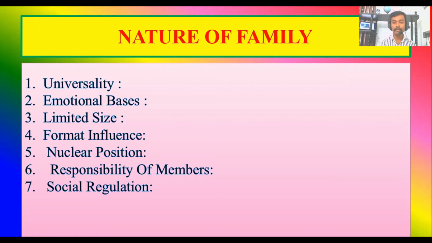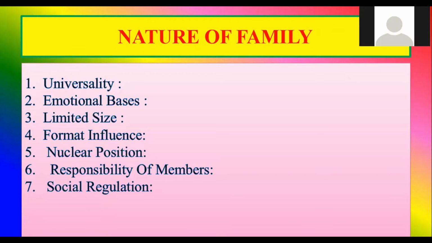Family regulates the society, as we have learned that family is a nuclear position. If every family is regulated, the society becomes pleasant. The fact is that the family controls individual behavior and social behavior.